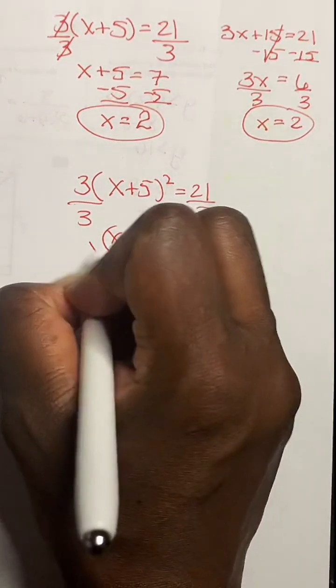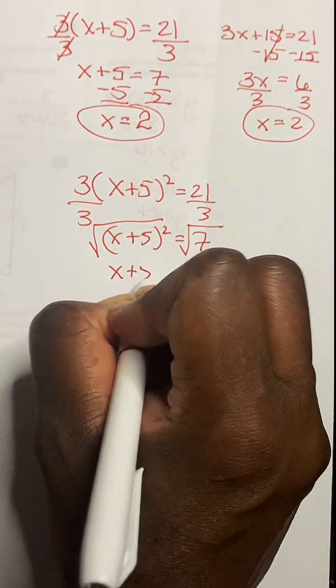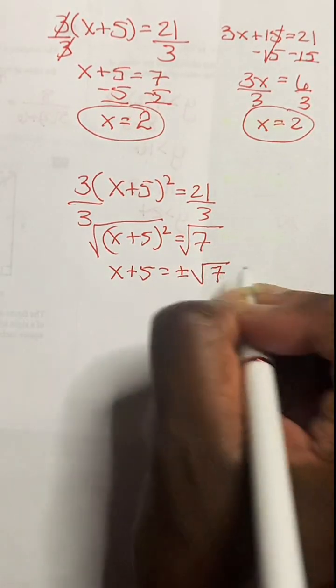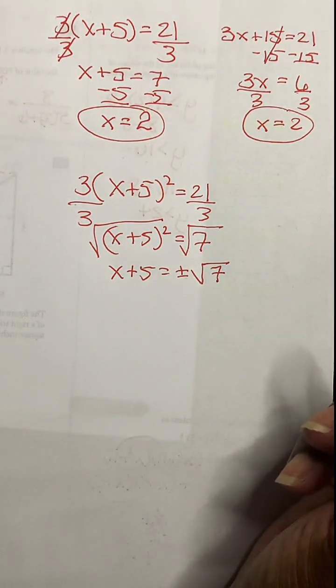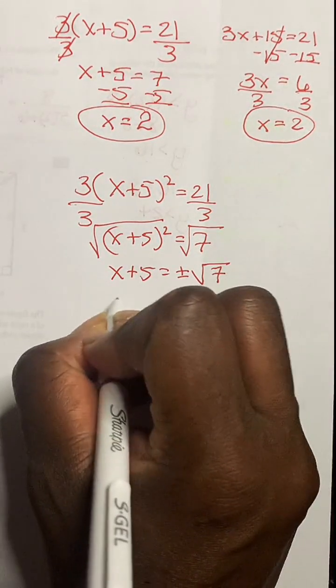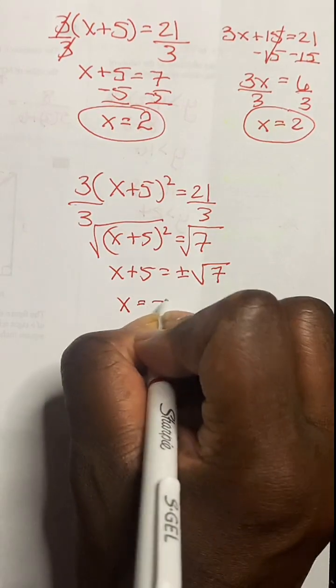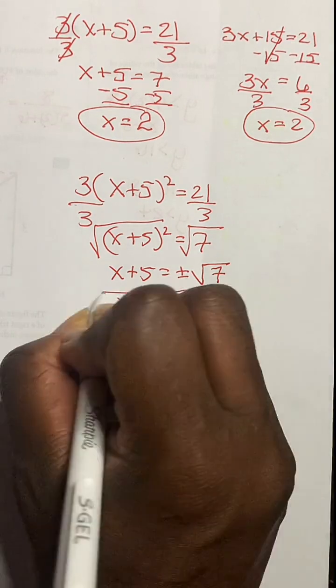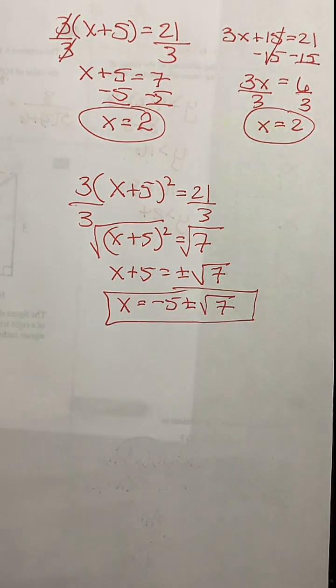And then you will obviously take the square root of both sides, and you'll take it all the way through. Okay, so I got my x equals -5 plus or minus the square root of 7. Obviously, that's a different answer because we squared it. Square root it.